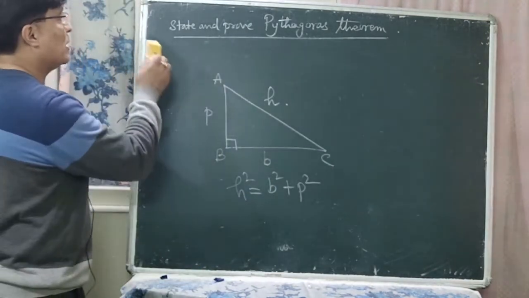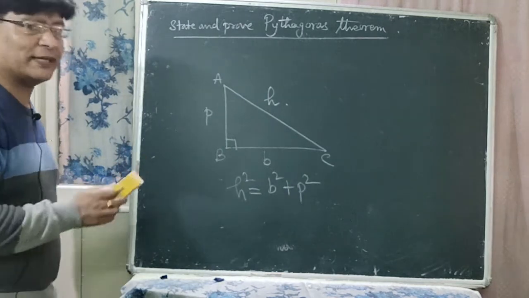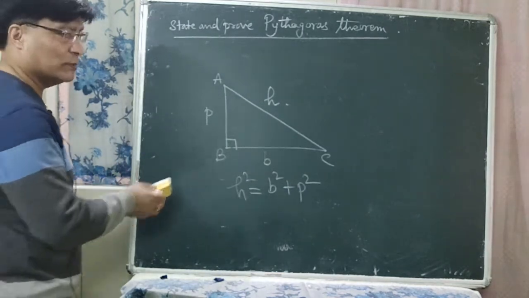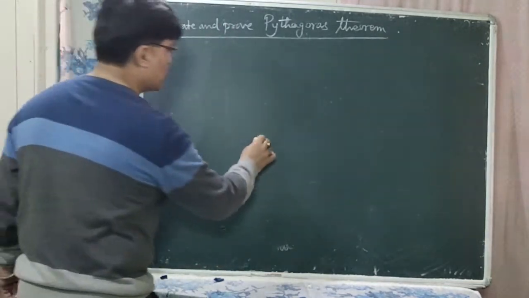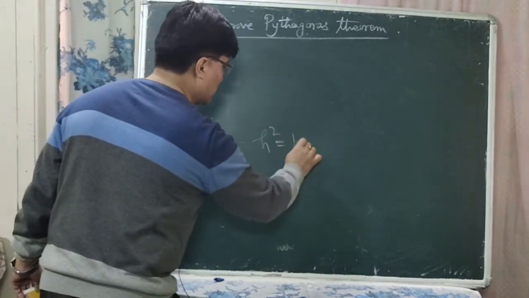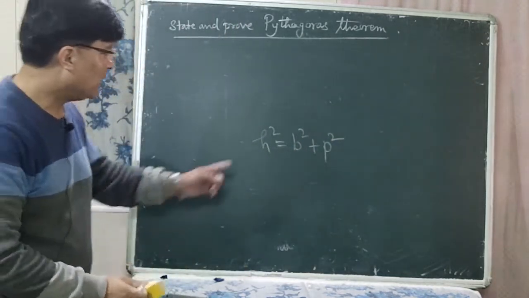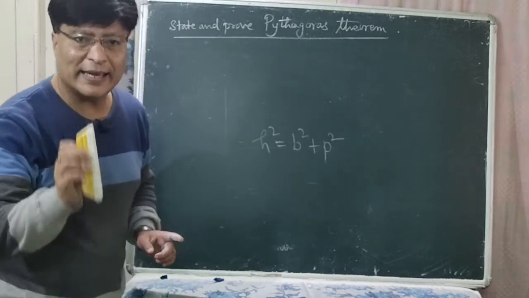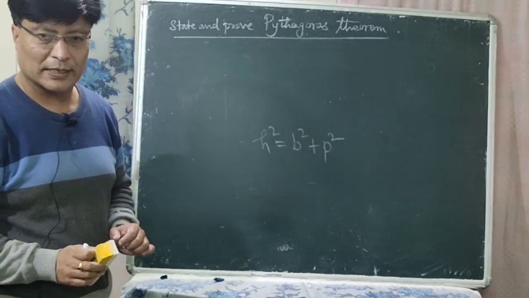So you have to state Pythagoras theorem, and you have to prove it. Let us write down the statement first. I told you that H square is equal to B square plus P square, right? H square means the area of the square on the hypotenuse, isn't it?